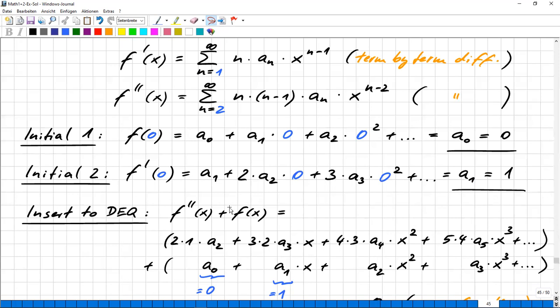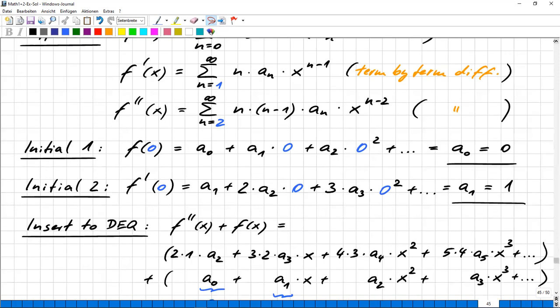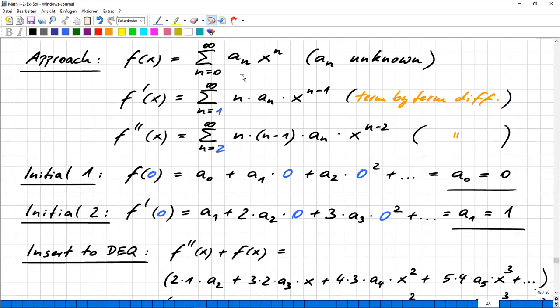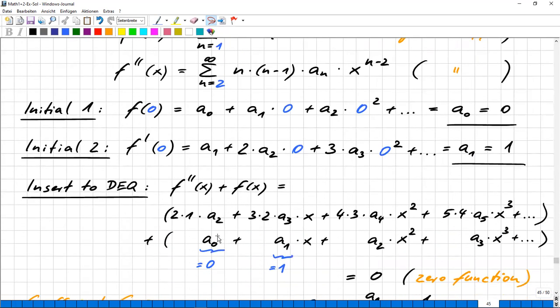Now, the function itself, look back here, is this one. So we can just add it term by term also, and then just place our elements where they fit best. You will see what I mean soon. I start with a0, the constant, plus the linear term, plus now this is nothing special. The quadratic term, of course, the cubic term, and so on.